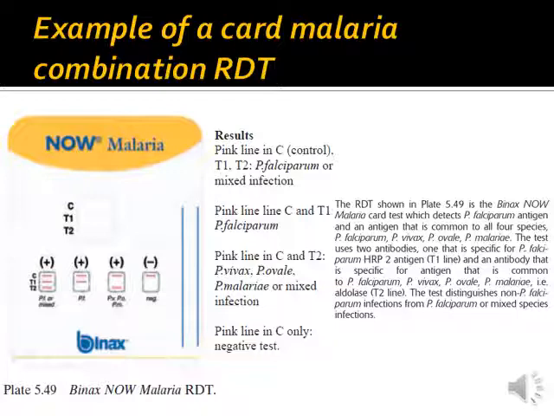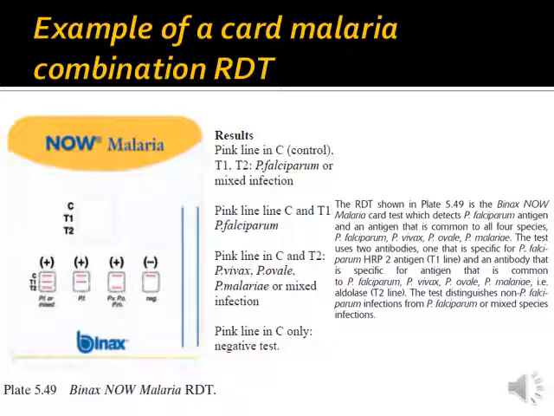So this shows that the patient is suffering either from Plasmodium falciparum because the HRP2 antigen test is positive, or the patient is suffering from mixed infection because the enzyme aldolase is also coming out to be positive.